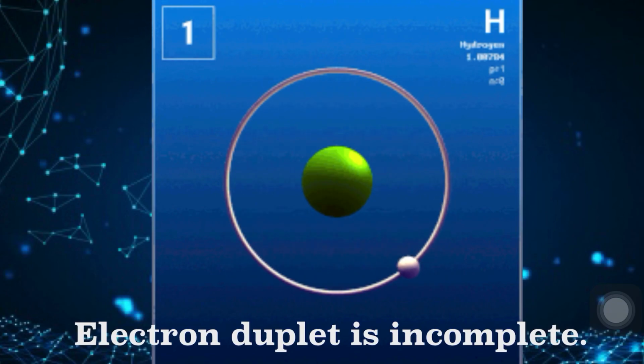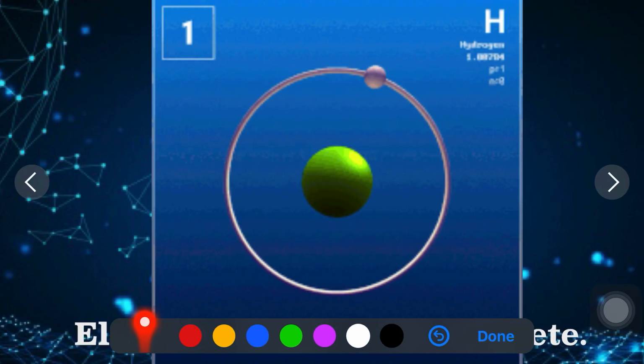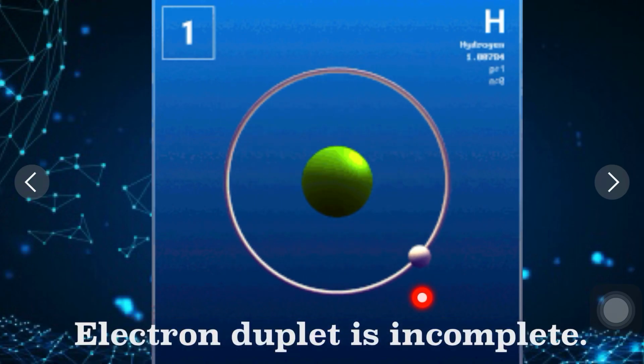Student, as I told you, the elements whose outermost shell is complete, completely filled with electrons, and whose valency is 0, are called inert gases. The elements other than inert gases do not have an electron octet, or their octet is incomplete.